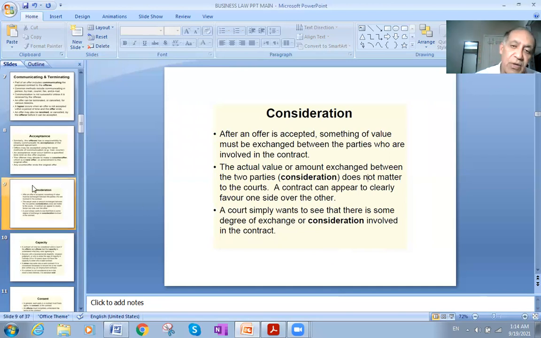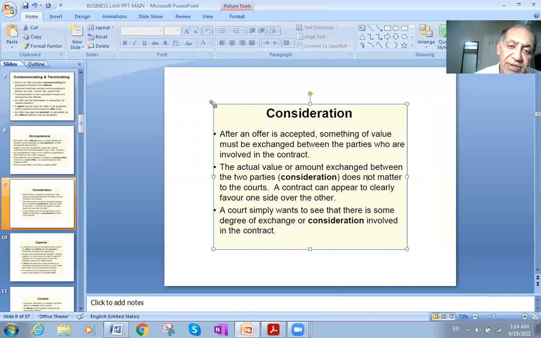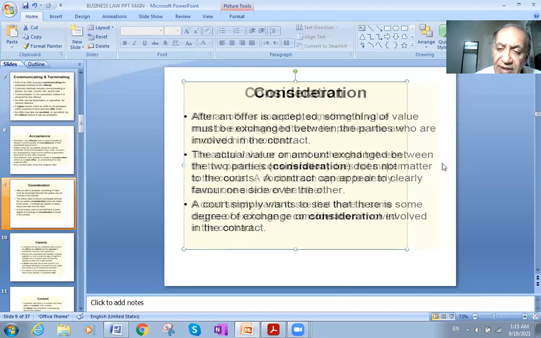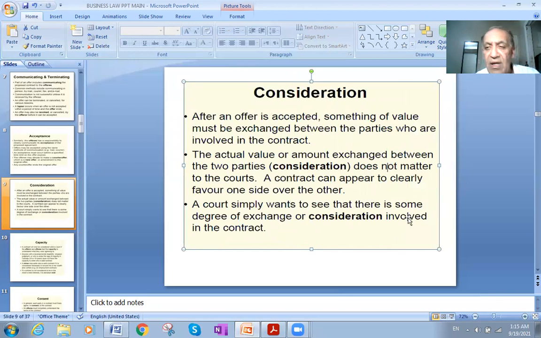Consideration. What do we mean by consideration? We said this is the article, goods or services, the thing which the buyers and the sellers are willing to work on, the main object of the exchange, which is goods or services.